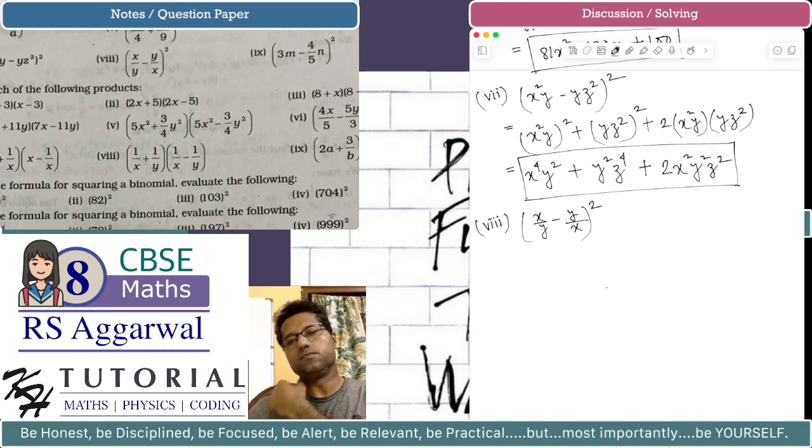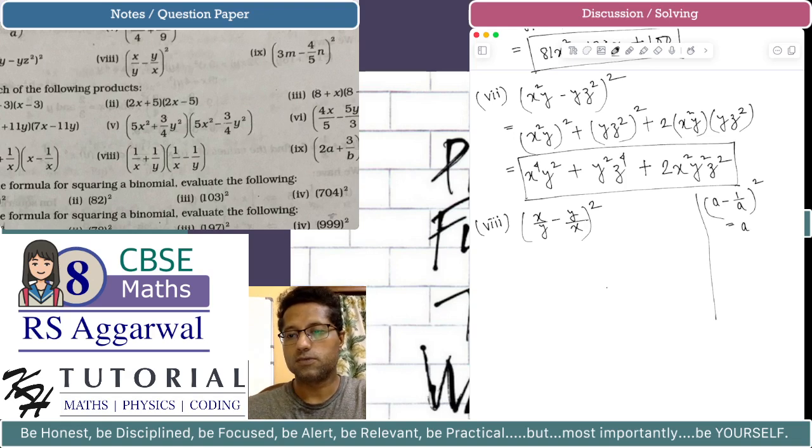If you remember that (a minus 1 by a) whole square is equal to a square plus 1 by a square minus 2, then it is fine.